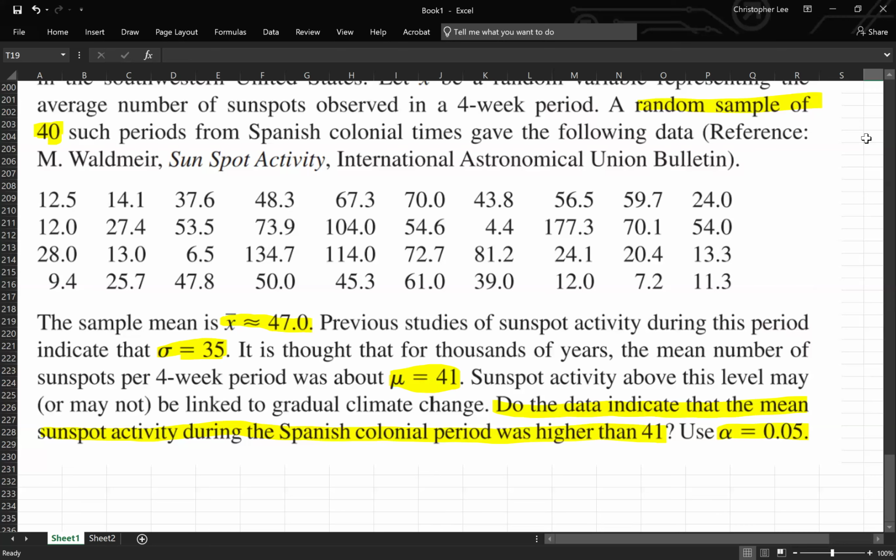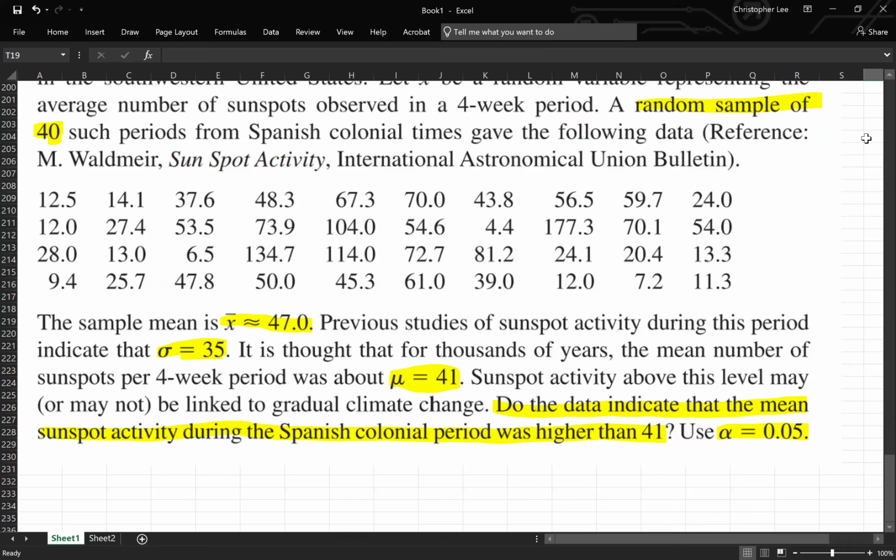I think this is higher than, is it left tail or right tail? Left tail is less than, so I need this. Greater than is right tail.